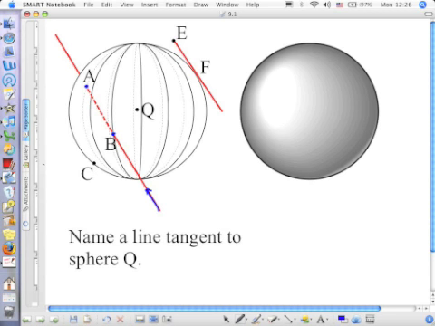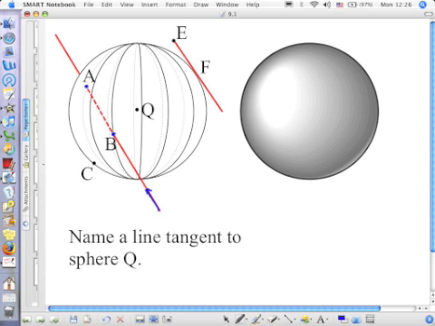Name a line that is tangent to sphere Q. Line EF. Okay? Line EF is tangent to sphere Q. Name some other lines that would be tangent to sphere Q that aren't drawn. Oh, if C had a line. No, not really. A tangent line comes from a point outside to a point on the thing. AE, if I can get that line to touch A, yes, because A is on the back side of the ball.